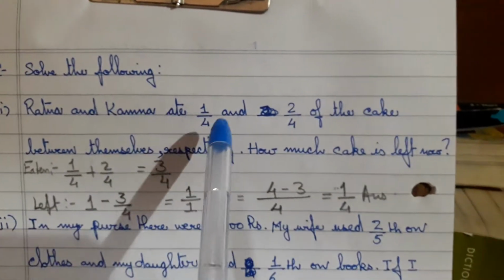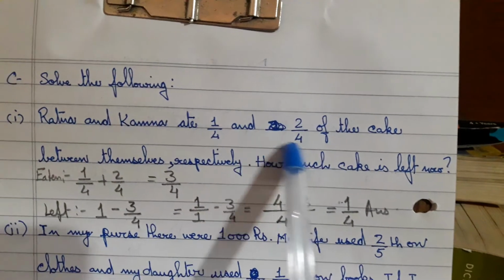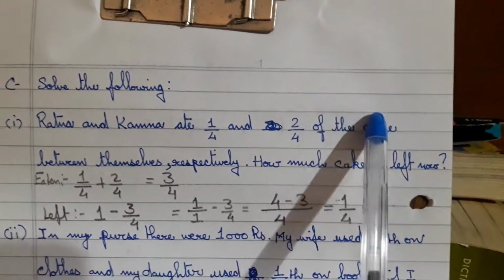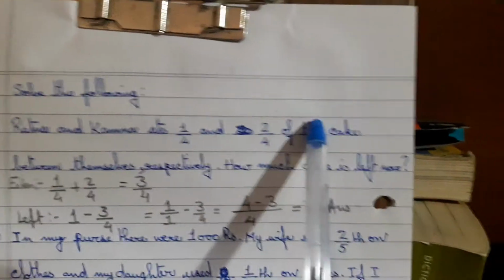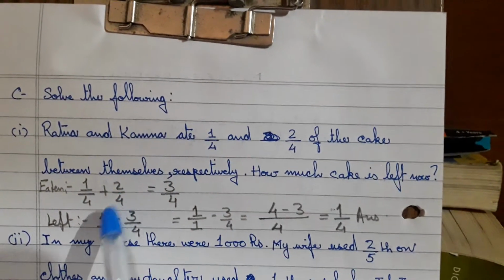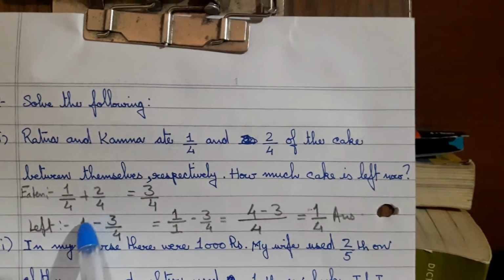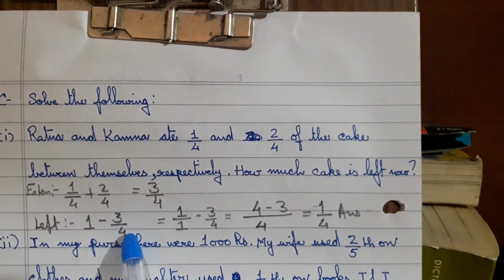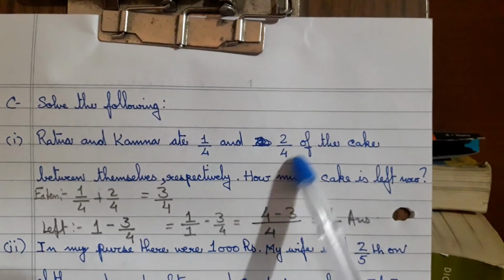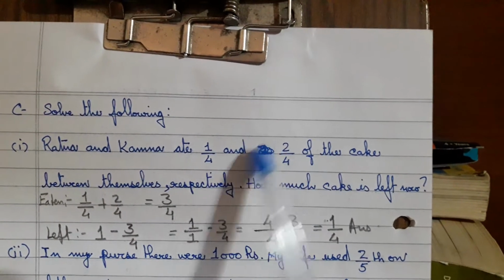Now look at this. Ratna and Kamna ate 1/4 and 2/4 of the cake. So the whole portion of the cake will be 1, right? Add whatever amount was eaten, 1/4 plus 2/4 is 3/4, simple. Now left is the whole cake, 1 minus 3/4, alright? Because the cake is a whole, and out of that whole you are making portions, right?